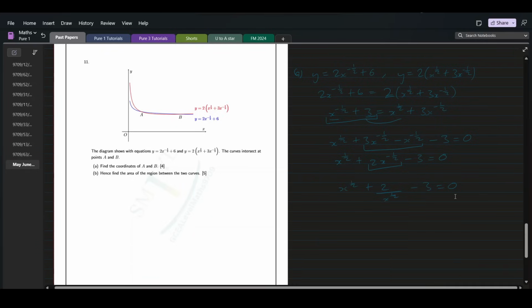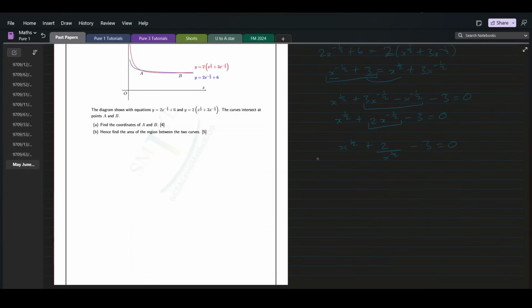Let's get rid of the denominator. So this would become x to the half times x to the half, which gives us x, and then plus 2 minus 3x to the half is equal to 0. If we arrange it in order of descending powers of x, it would look like this, equal to 0.